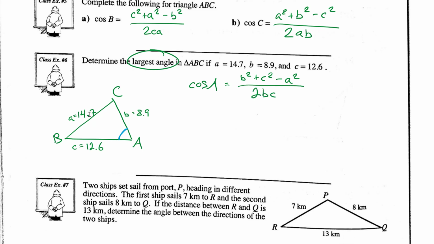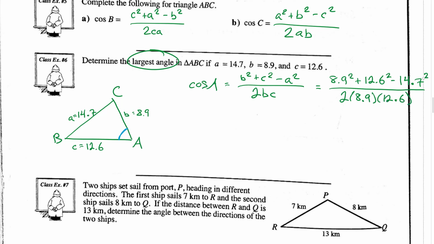So let's plug those numbers in. b is 8.9, so I have 8.9 squared plus c is 12.6, so that's 12.6 squared. And I'm going to subtract 14.7 squared. And all that is going to be divided by 2 times 8.9 times 12.6.